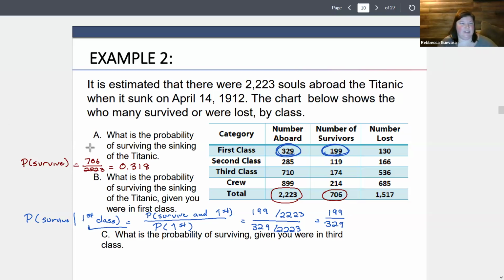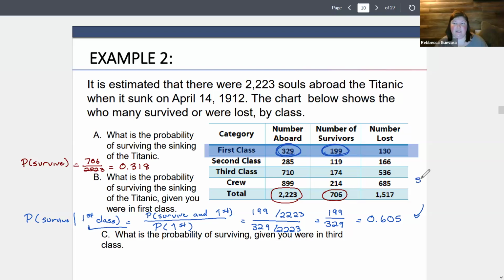So really we're just looking at first class, and how many people who were in first class survived. Anyways, what we get here is 199 divided by 329, and this is going to be 0.605. So there was a 60% chance of surviving if you were in first class. That is much different than the 32% you get for just simply surviving.